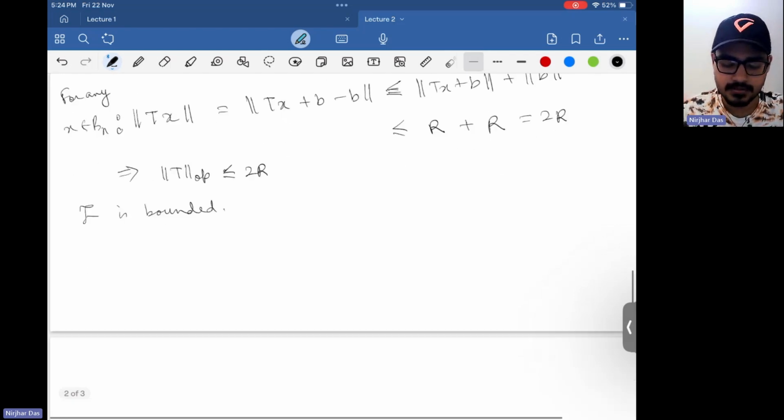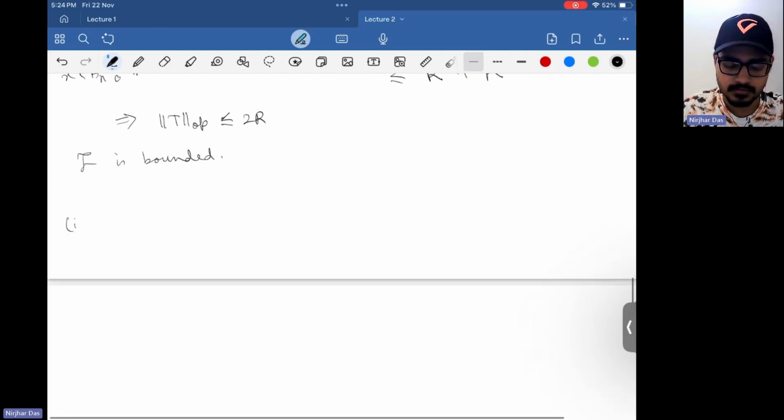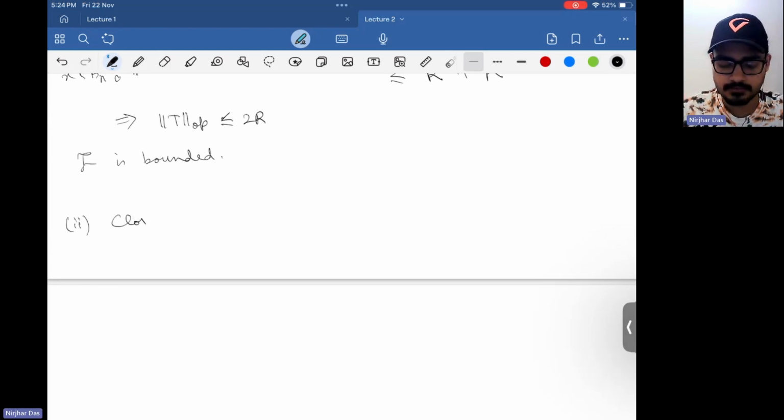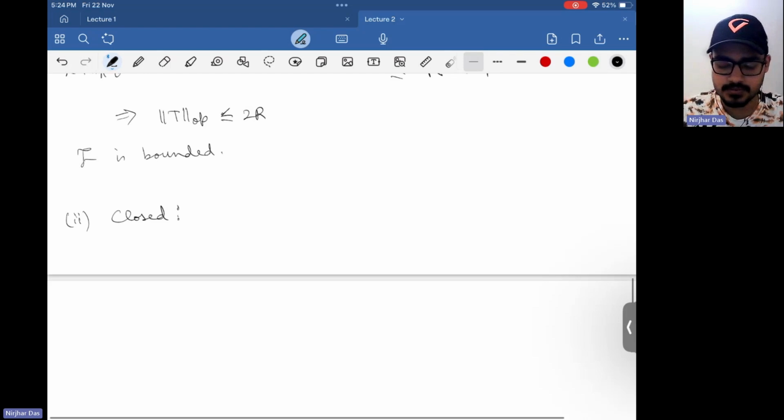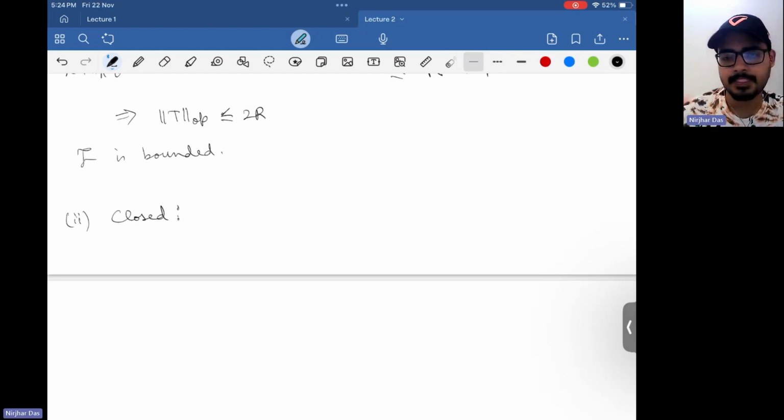And for that, we will use the idea of breaking these ellipsoids into two sets. So we'll split F into two sets. The way to do that is to first note that this convex body K has a non-empty interior.